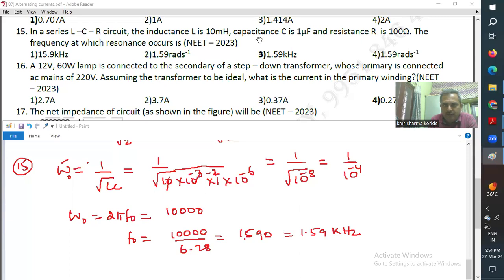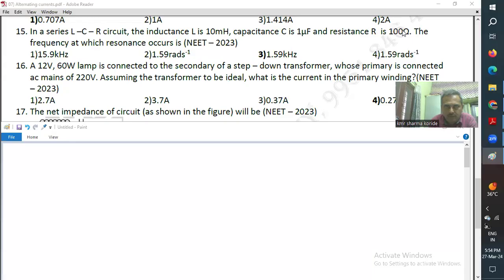Moving to the next question. A 12 volt and a 60 watt lamp is connected to the secondary of a step down transformer whose primary is connected to AC mains 220 volts, assuming the transformer to be ideal. What is the current in the primary? Already we got one question. So we need to find out current in the primary, I primary.